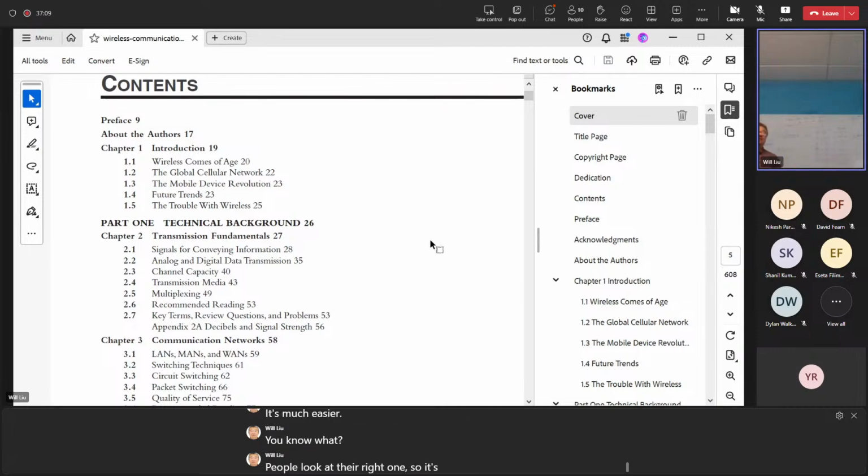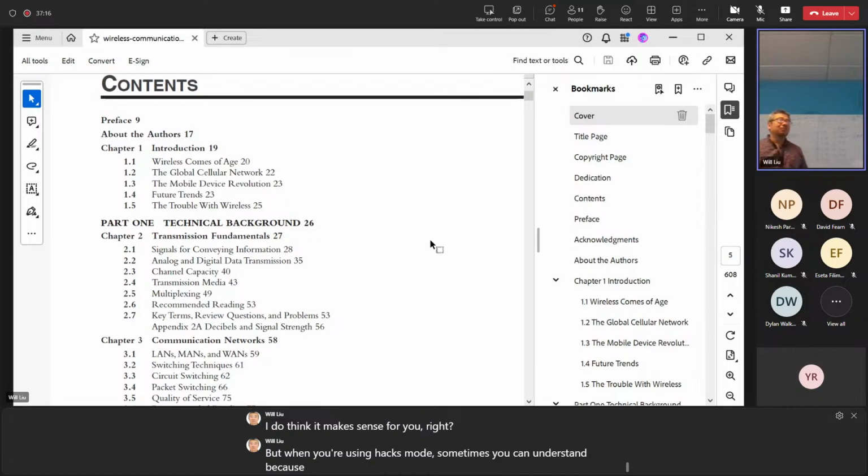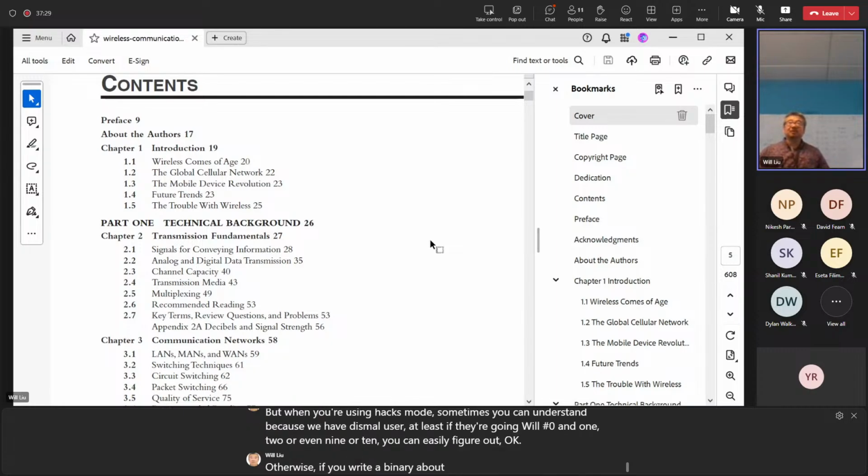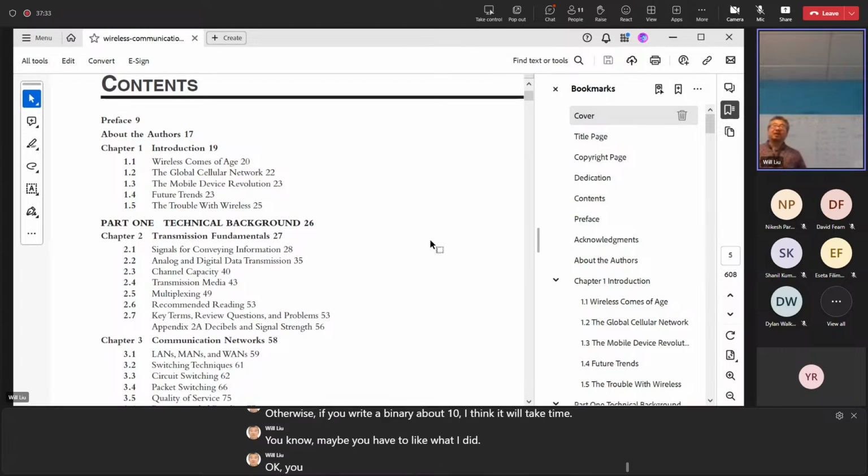But when you're using hexadecimal, you can understand because we have decimal inside. At least if we are talking about numbers 0, 1, 2, or even 9 or 10, you can easily figure out. Otherwise, if you write a binary for 10, I think it will take time. Maybe you have to, like what I did, calculate the values, right? But when you're using hexadecimal, the 10 actually is A.